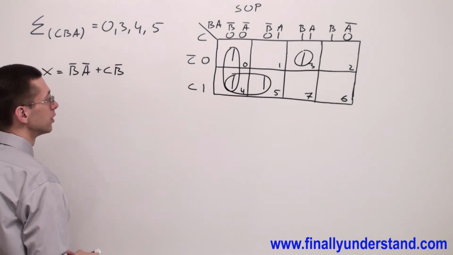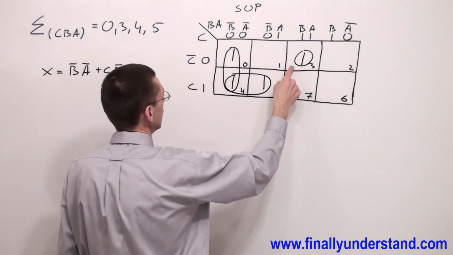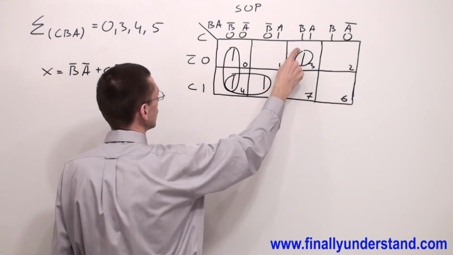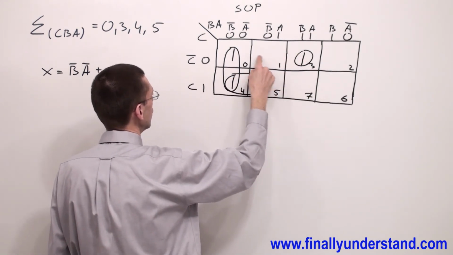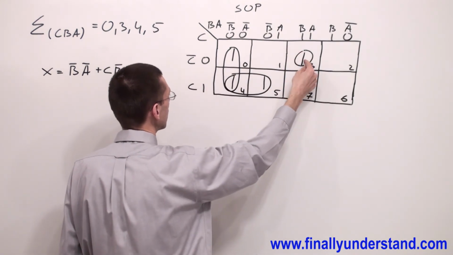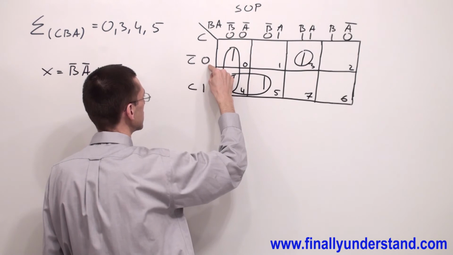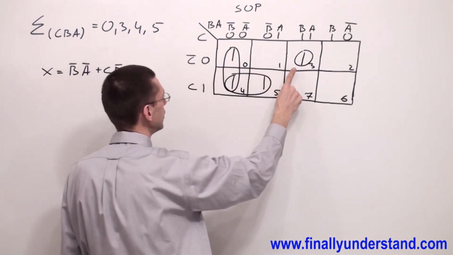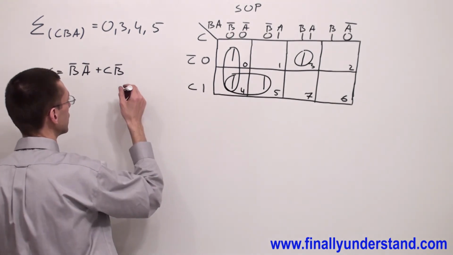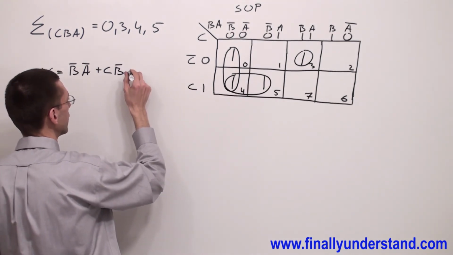The third group is this one. So this group is placed in 1 row and 1 column. Simply you copy down everything whatever is at the side of the row and everything whatever is at the top of the column, because we have just 1, 1.